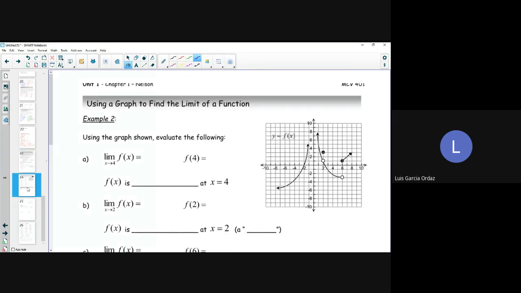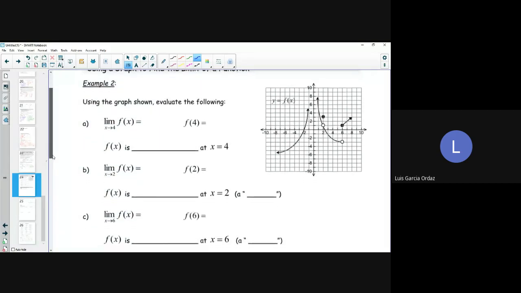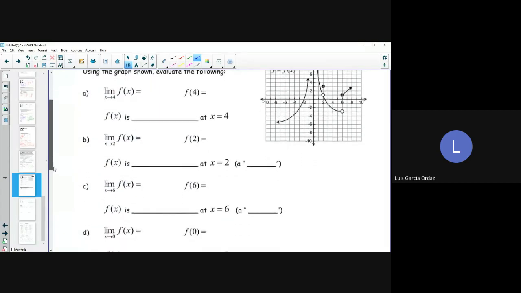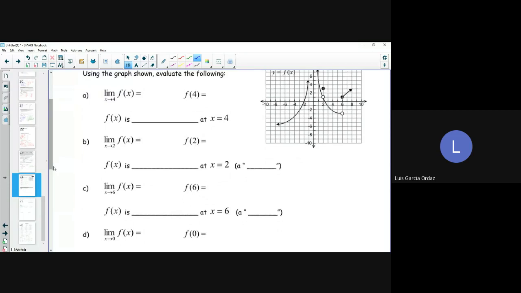So I have my next one, which is: using the graph, evaluate the following limits. All right. So the first one, looking at the graph, what is my limit as x approaches 4 for f of x?